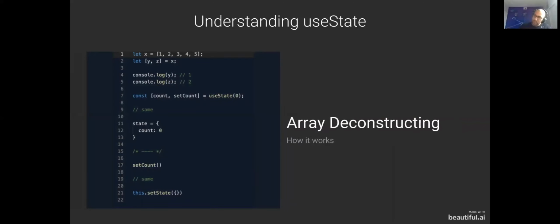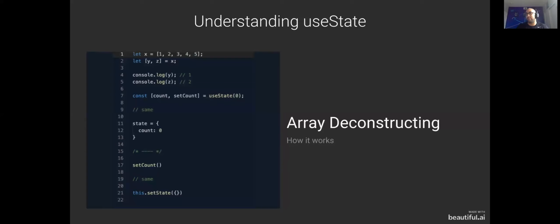So how it works is, with array destructuring, you can take the first values of an array as variables. In lines 1 and 2, you see that X is the array, and Y and Z are variables coming from that array. If you console log those out, you get 1 and 2.